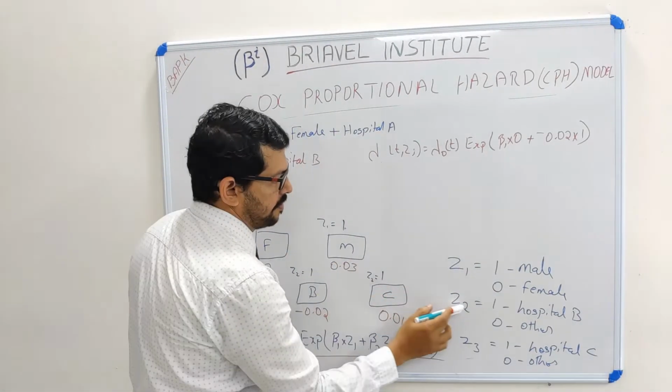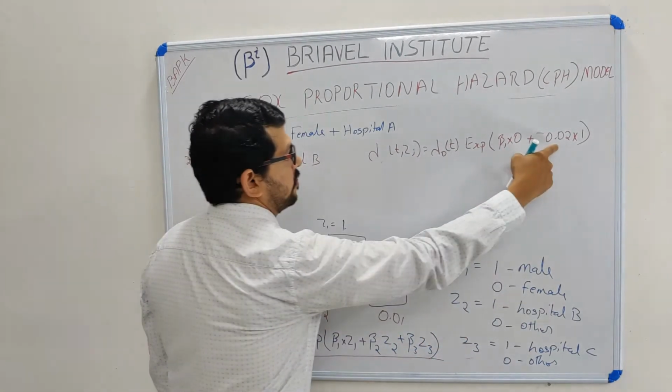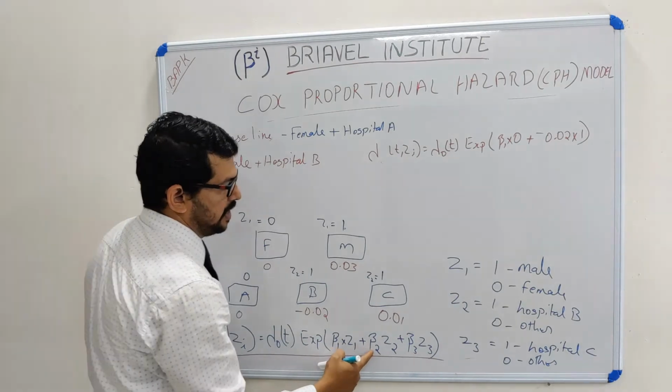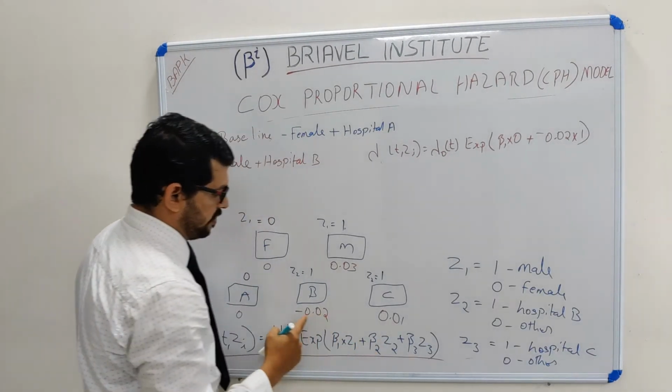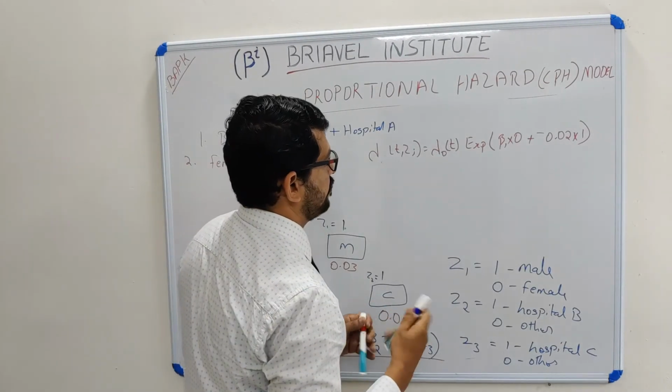Z2 is 1 for hospital B, and my beta 2, the regression value, is equal to minus 0.02. So what is this value?